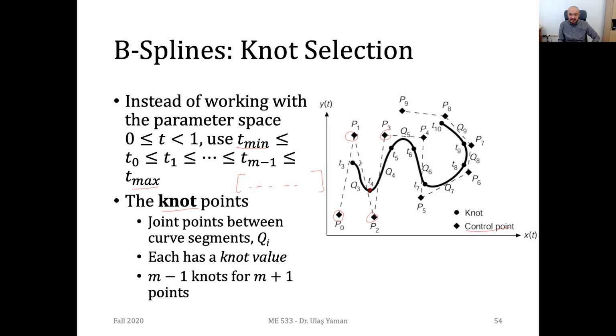These are knots. And knots are obviously in between the curve segments, and they all have a kind of knot value. And for n+1 points, we should have n-1 knots. So this is a kind of rule. Once you follow the approach, you will obtain this number of knots for n+1 points.